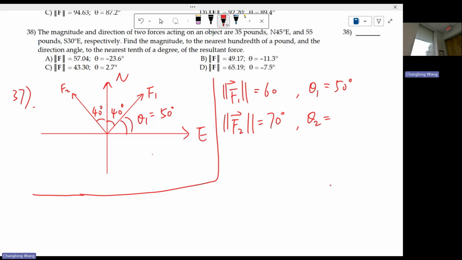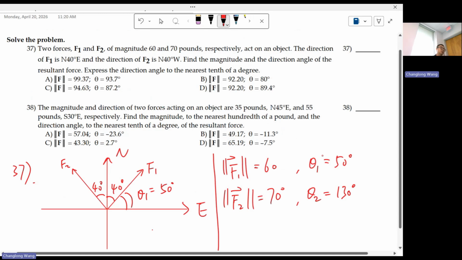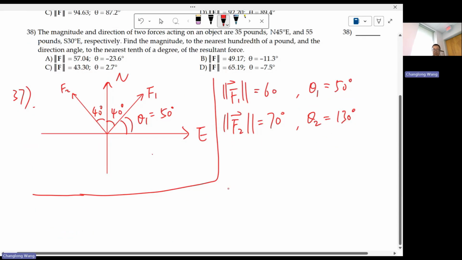So that'll be 90 plus 40. So it'll be 130. If you don't get those two angles correctly, then the math is not going to work out. And they're going to have options that assume people are going to get the wrong angle, right? So now the rest of the work is pretty straightforward.